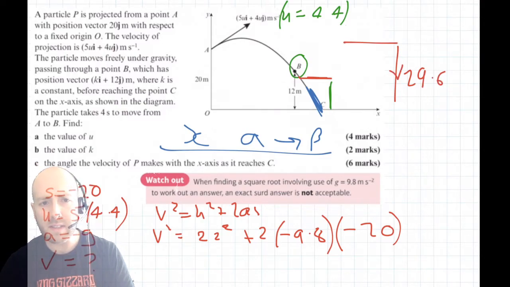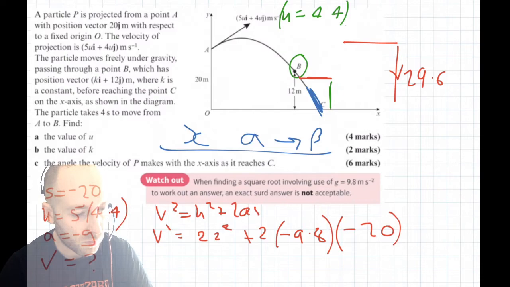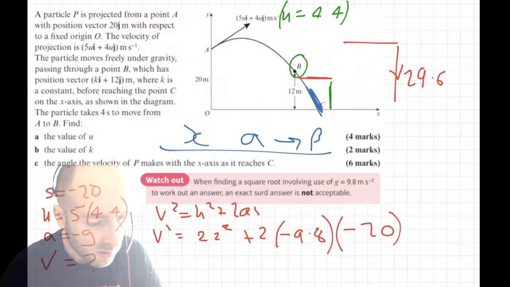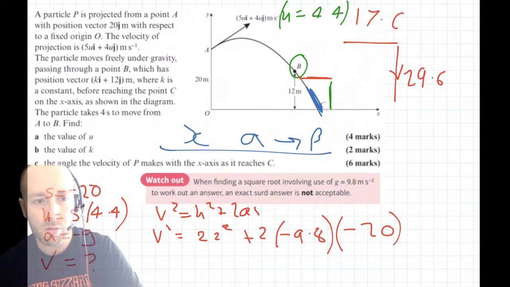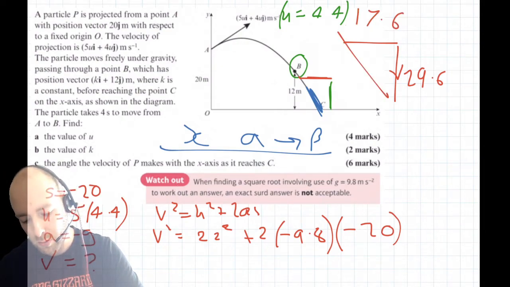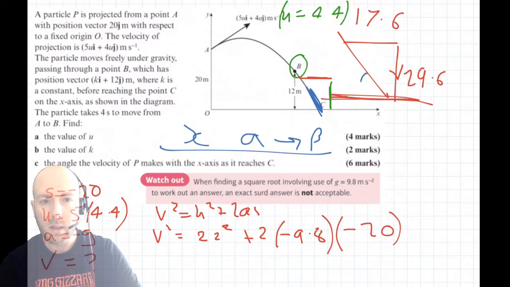Horizontally, well, there's no acceleration, so horizontally it's not going to change. So we're still going to get 4 times u. So 4 times 4.4, which is 17.6. And we're trying to find the angle, aren't we? So we're looking for this angle. Using Z angles, it's going to be the same as this angle.